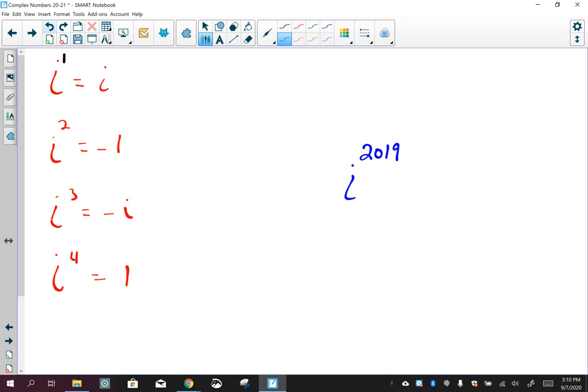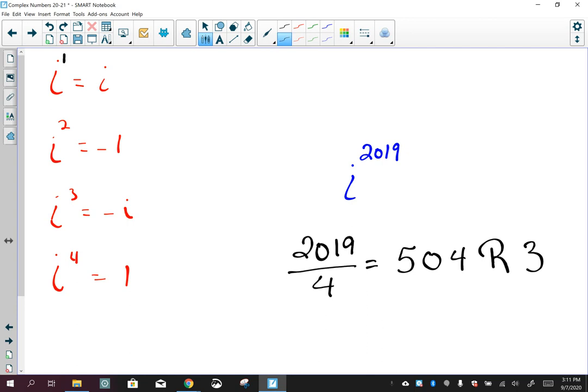So what we do is we take our 2019, we are going to divide that by 4. Okay. So 4 goes into 20 five times, 4 goes into 19 four times, so that leaves me with a remainder of 3. So if I'm looking over here at this, there is a remainder 1, remainder 2, remainder 3, and then no remainder.